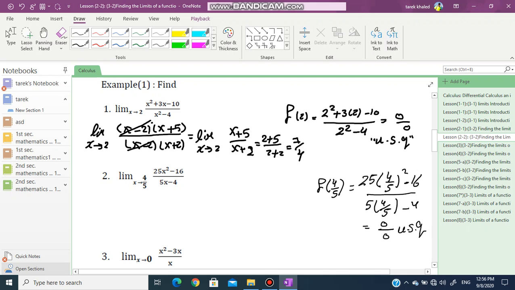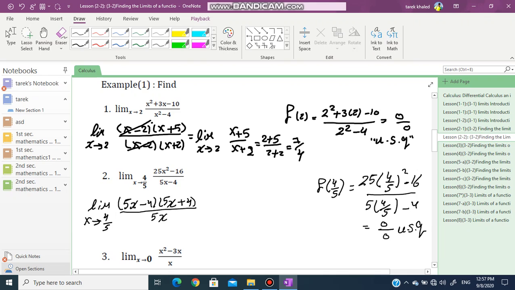So I will factorize the numerator and the denominator. Limit x tends to 4/5. 25x^2 - 16, I can make it 5x times 5x, a difference between two squares: 5x, and 16 is negative 4 and positive 4.